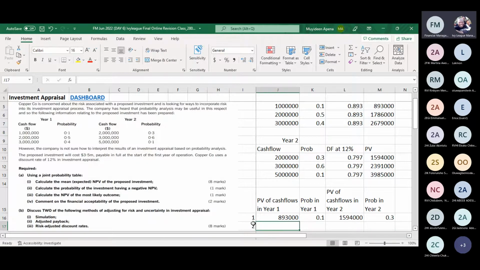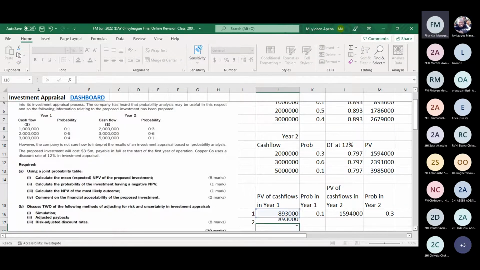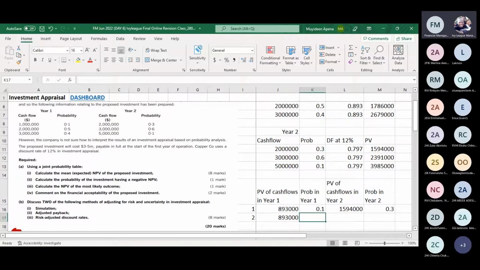Scenario 2 is that if the company is still having this year 1 present value at this same probability, it is possible that in year 2, the present value will be the second one at a probability of 60%.